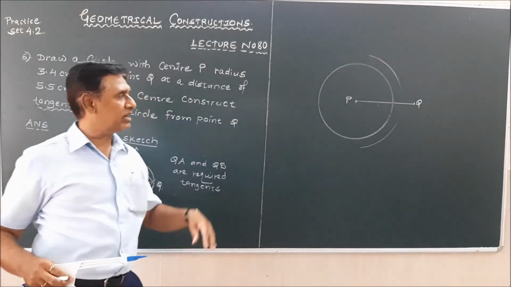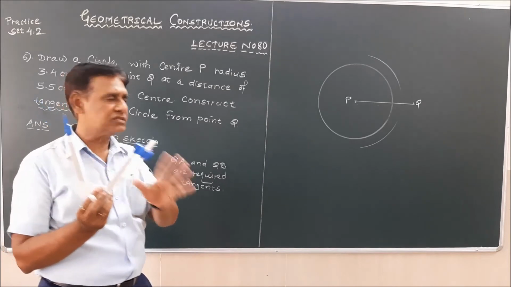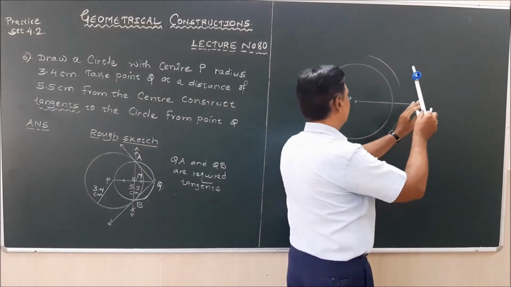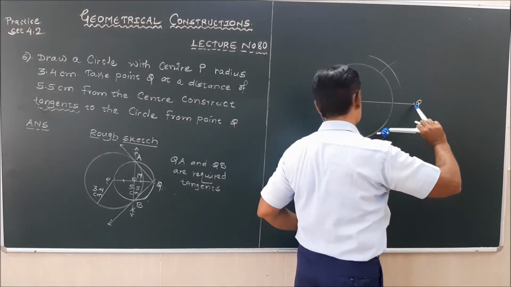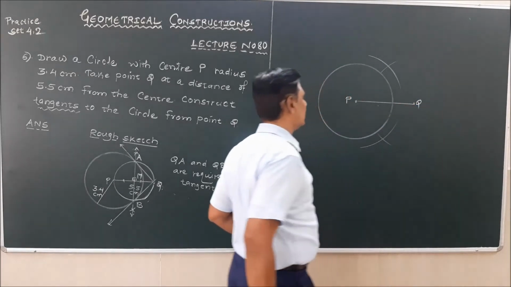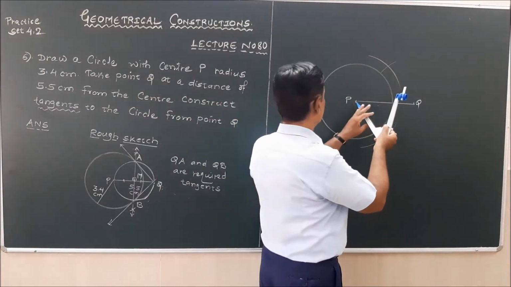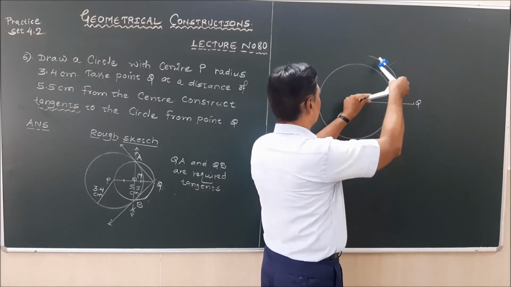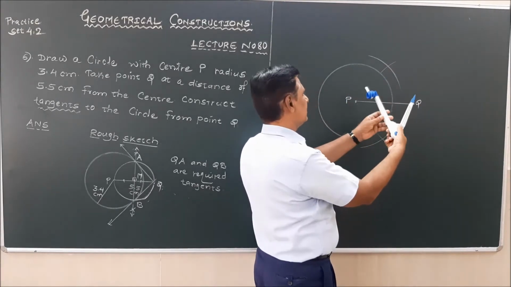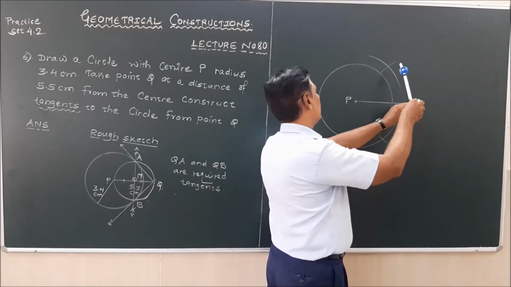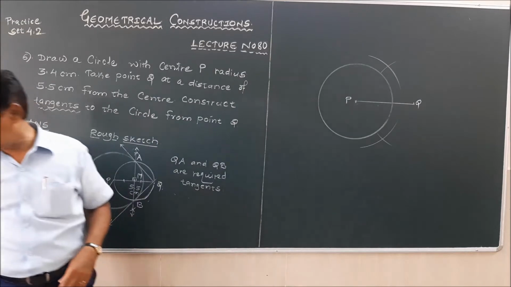Without changing this distance, place meeting point on Q, draw arcs intersecting the previously drawn arcs. I repeat, placing meeting point on P, take a distance more than half, draw 2 arcs. Without changing the distance, placing the meeting point on Q, draw 2 arcs to the previously drawn arcs.